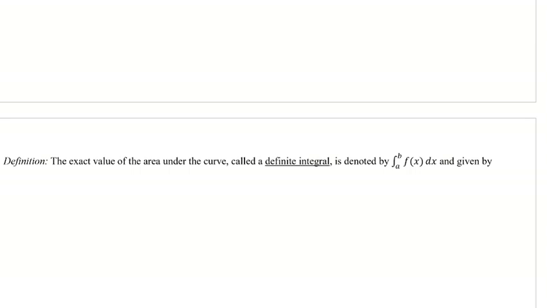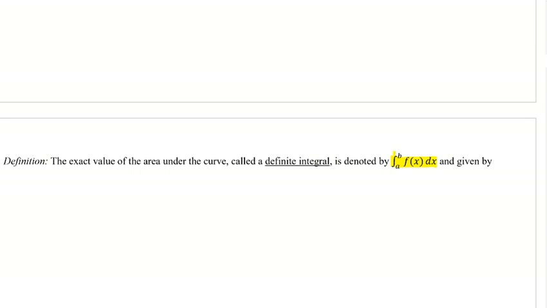And that's how the calculator does it. It does a Riemann sum, except with delta x equal to like 0.001 or something. And so really, as the rectangles get narrower and we get more of them, we get closer to the exact value of the area.